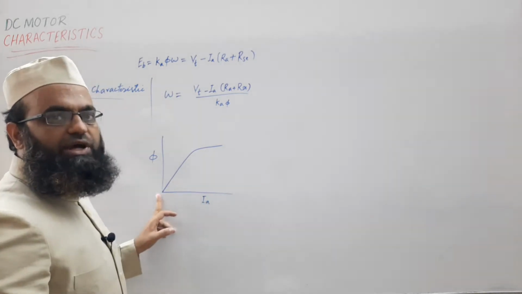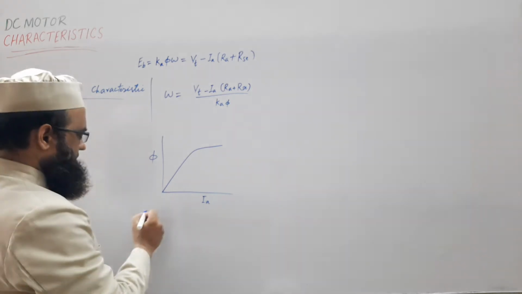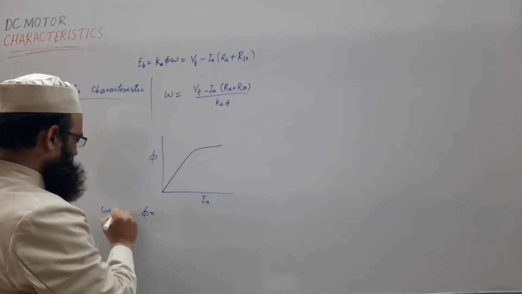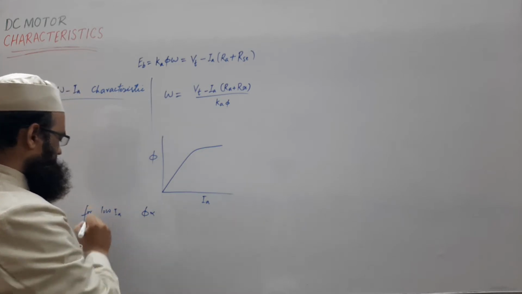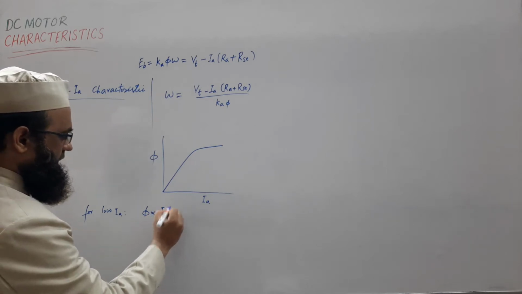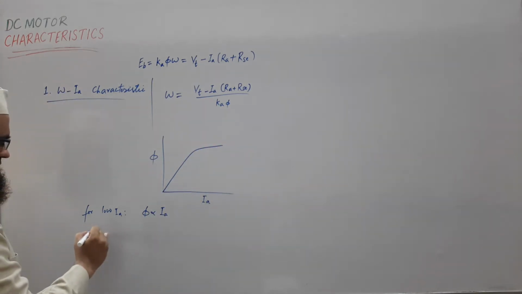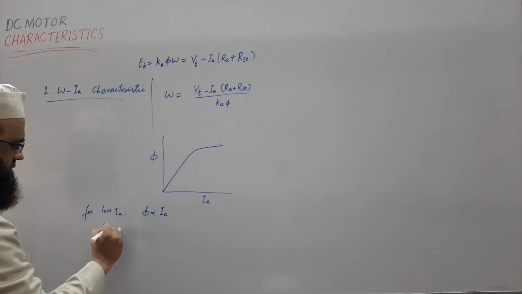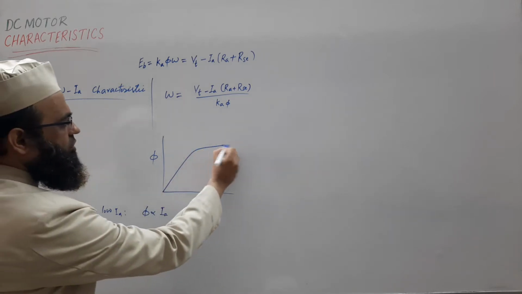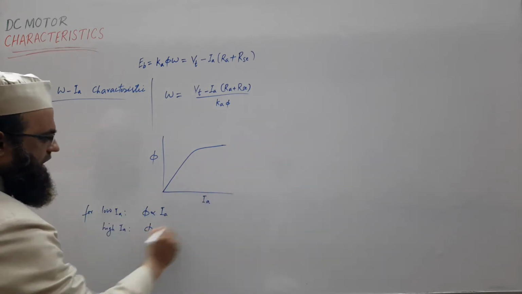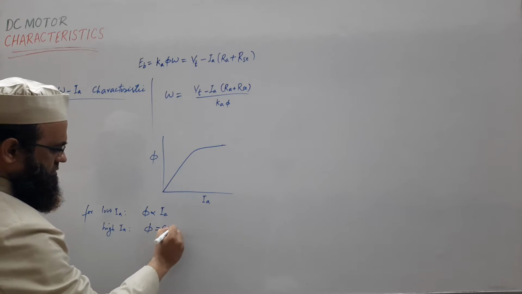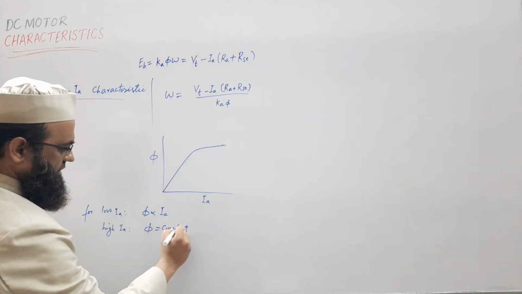For low Ia, phi is proportional to Ia, linear, but for high Ia, it is almost constant.